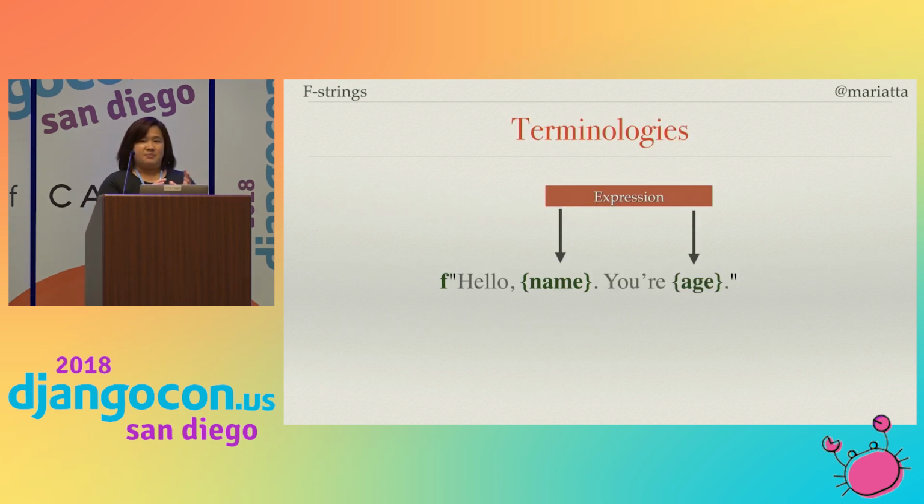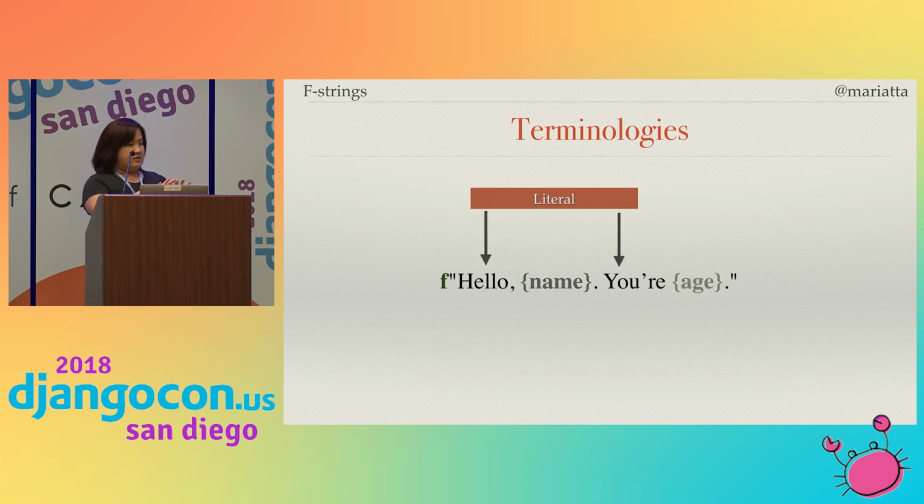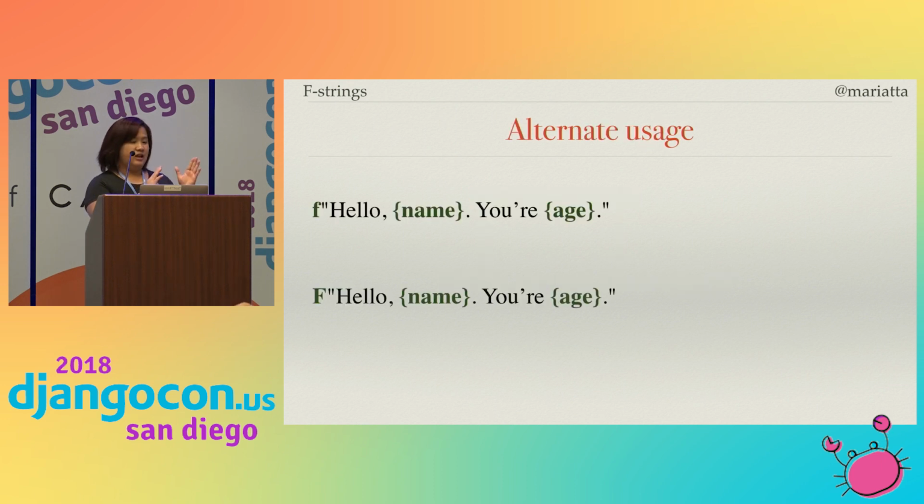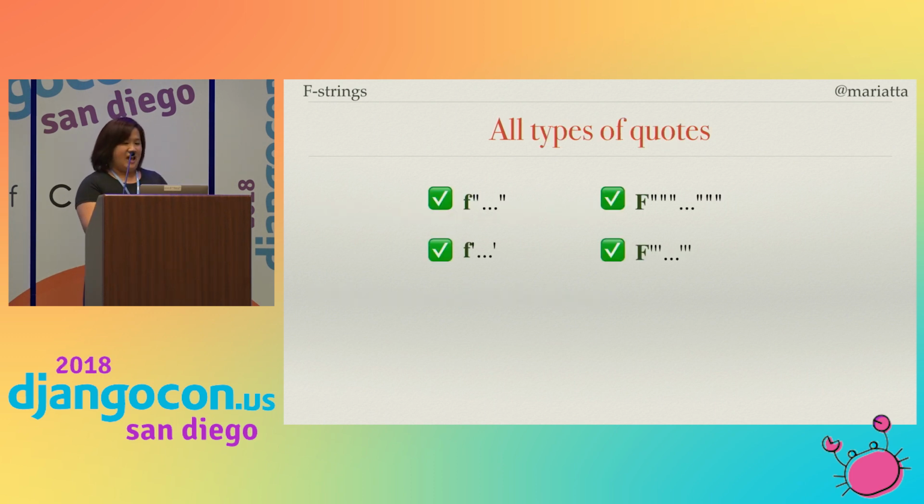And let's learn about some more terminologies of f-strings. Things inside the curly braces there are called expressions. And things outside of the curly braces are called the literal. And you can definitely use capital F in an f-string if you're just feeling excited about it. Yes, you can put capital F, it works. And you can use it with single quotes, double quotes, triple double quotes, triple single quotes.